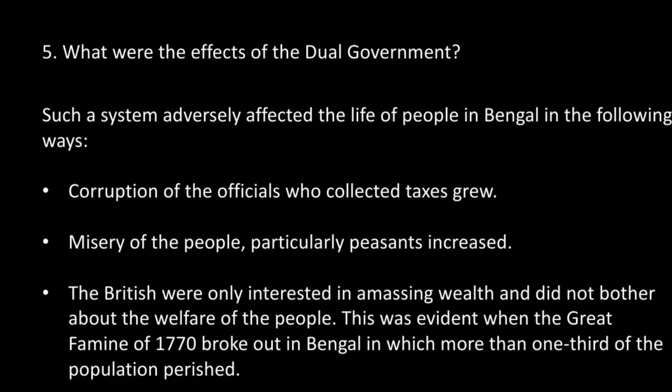This was evident when the Great Famine of 1770 broke out in Bengal, in which more than one third of the population perished. So you can imagine how worse the situation was.